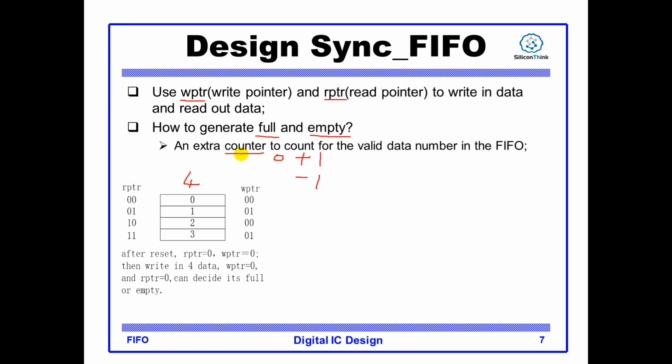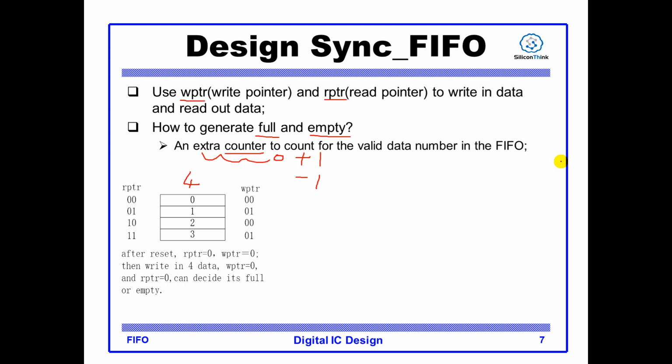Then you can check the value of the counter. If it equals 0, you will assert empty. If it equals the number of depths, you will assert full. This is the logic. And this must work. But we have to use an extra counter.